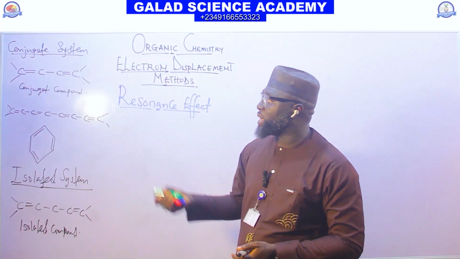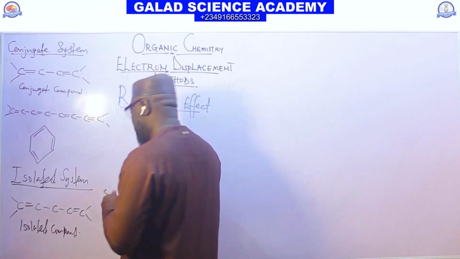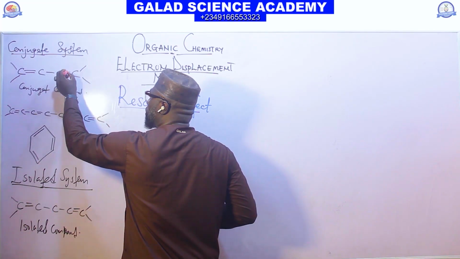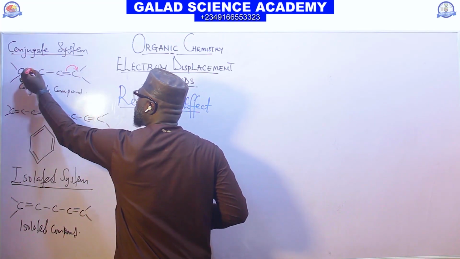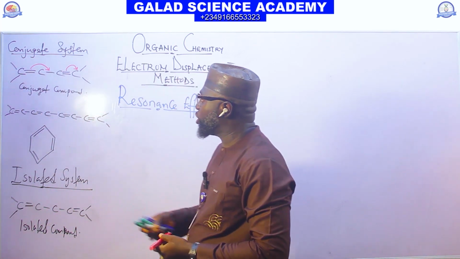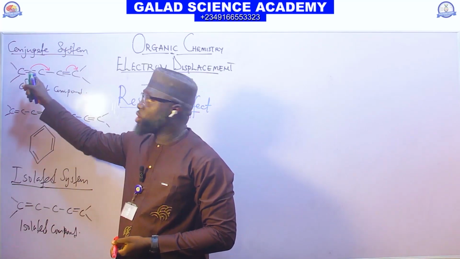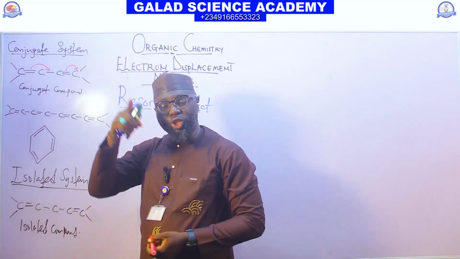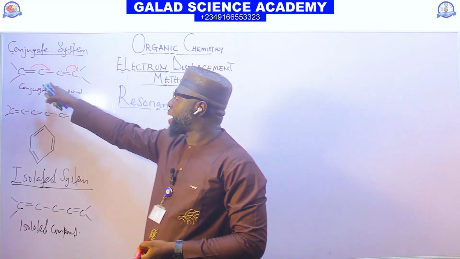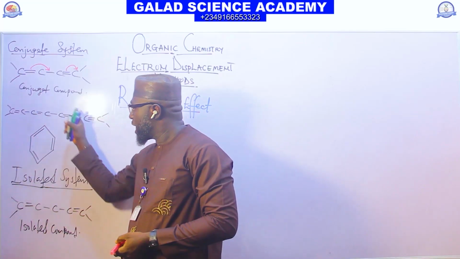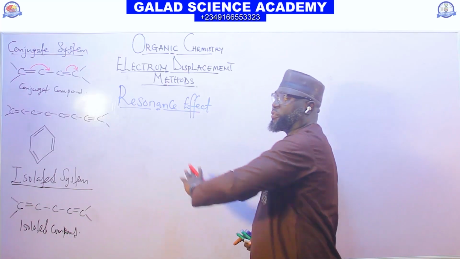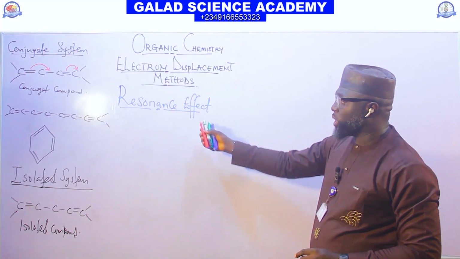The conjugate compound gives room for the electron to delocalize. This electron shifts to this side, and this one shifts to this side. The shifting of the pi electron in a conjugate system is what we call resonance effect.